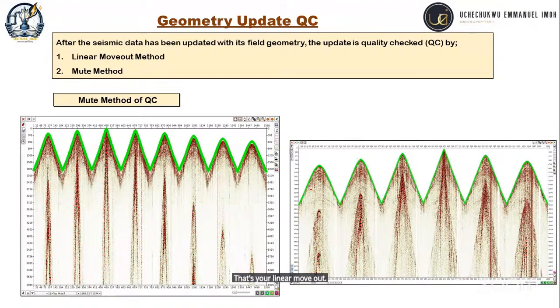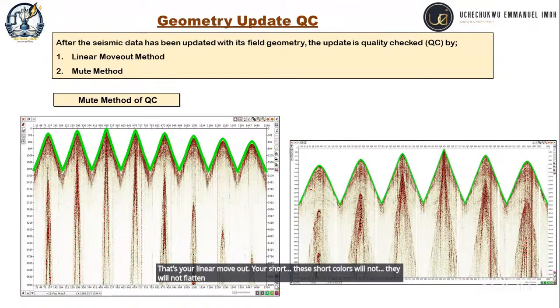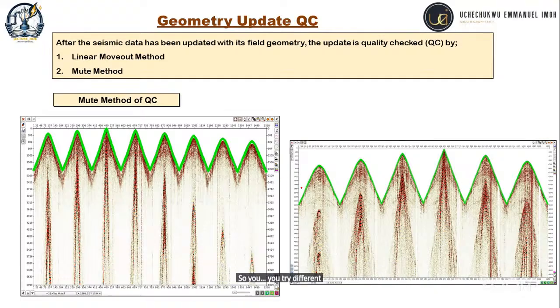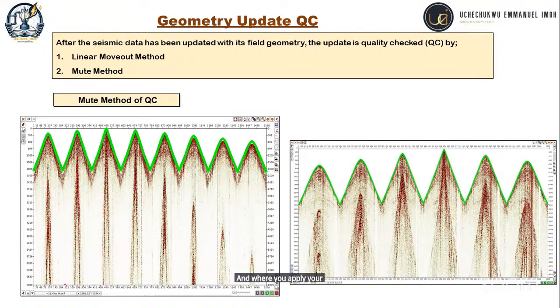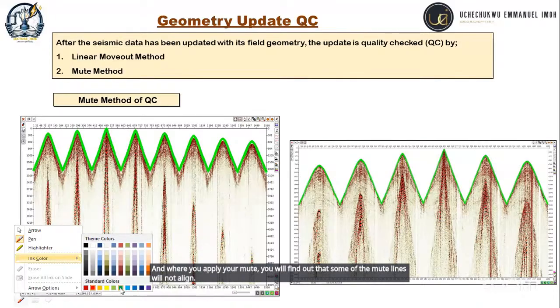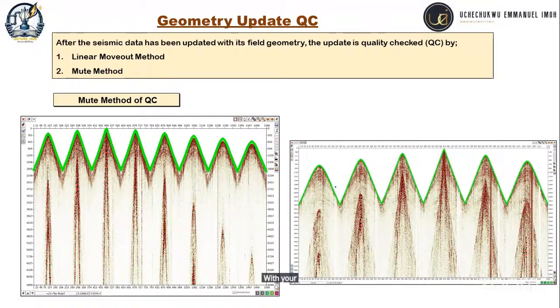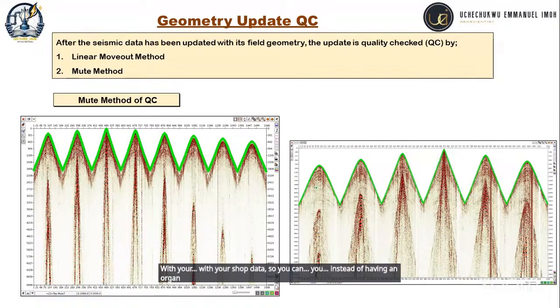That's your linear move out. These shot gathers will not flatten out. They will never flatten out, never. So you try different linear move out velocities, and you're not getting them to flatten. And when you apply your mute, you will find out that some of the mute lines will not align with your shot gather. So instead of having an organized mute line like what we have on screen, you can have something like this.